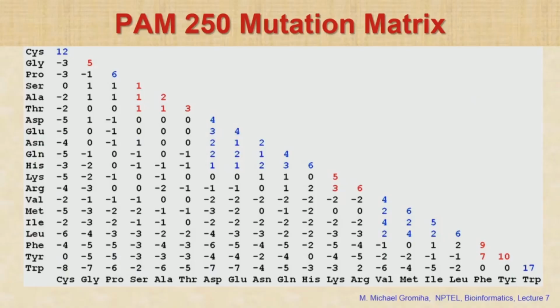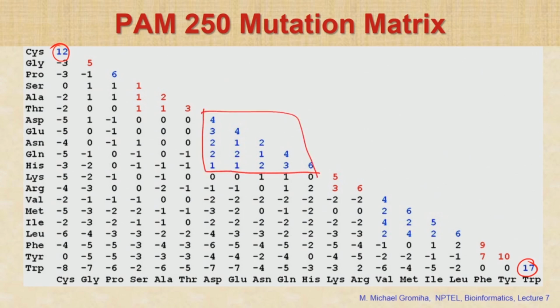You can show another matrix, say the PAM 250 matrix. Here also you can see cysteine to cysteine is 12 and tryptophan is 17, and the same amino acids have the high values. Other than the same amino acids, if you look at the mutations, some mutations have positive values, some have negative values. Can you see the positive values? For example, see here, they are in blue.